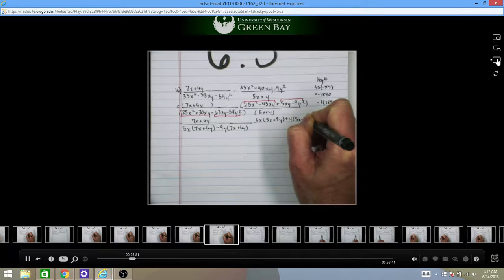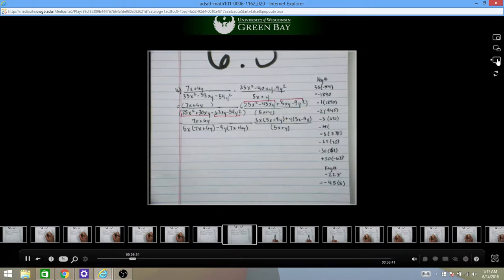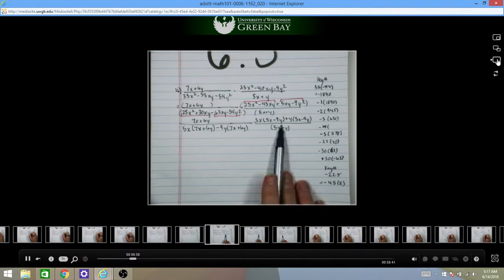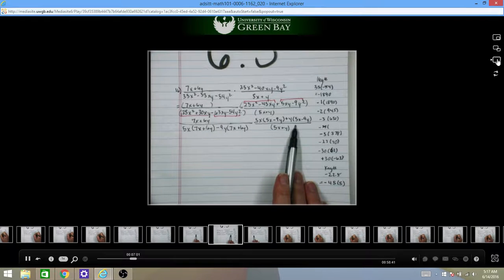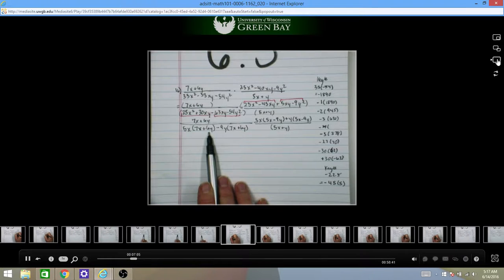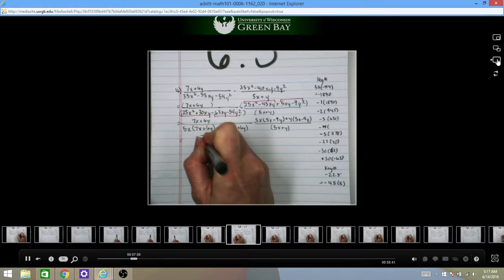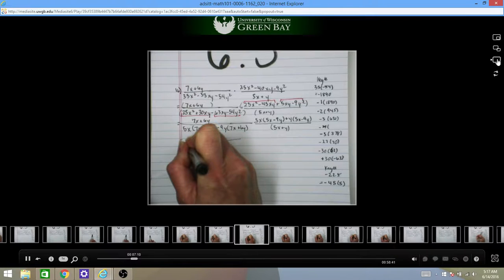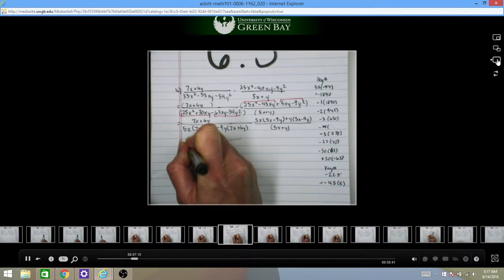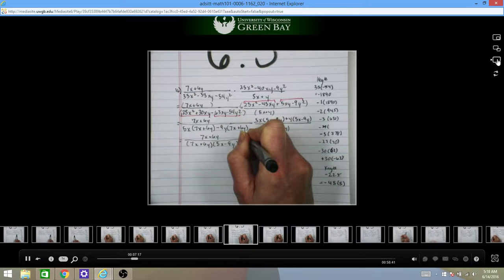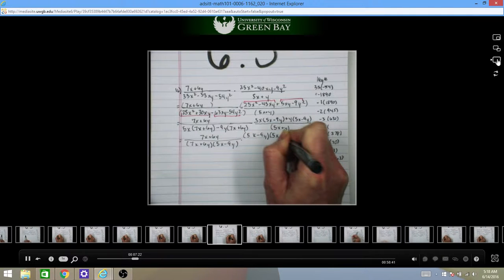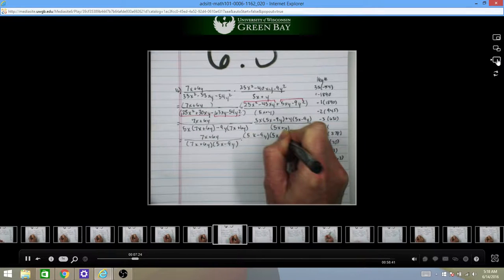Now don't cancel here, okay? It's tempting to cancel, but you still have factoring going on. You still have to factor the 5x minus 9y off of each of these, and the 7x plus 6y off of each of these. But now you have all multiplying.